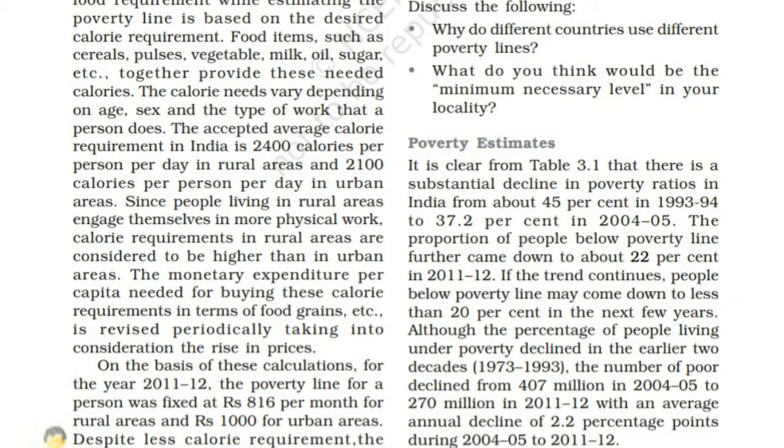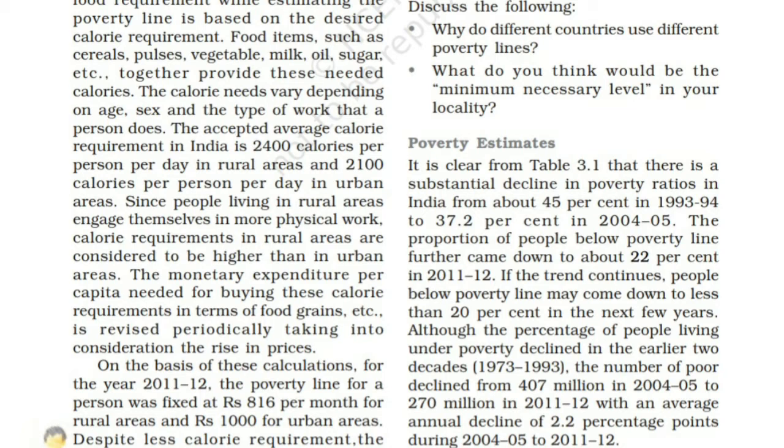That's to underline. So the monetary expenditure, that means the money expenditure per person needed for buying these calorie requirements, that means food items in terms of food grains, is revised periodically taking into consideration the rise in prices, because you know that as time goes by, prices of goods also increase.